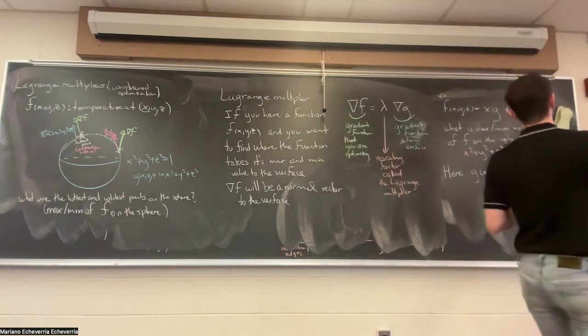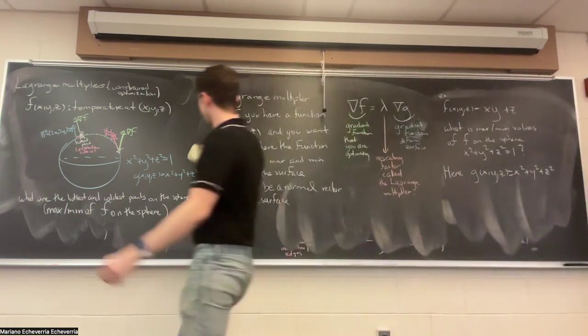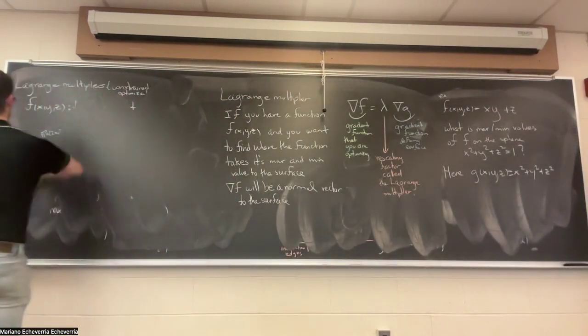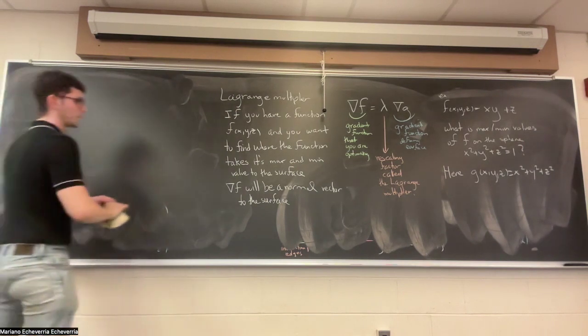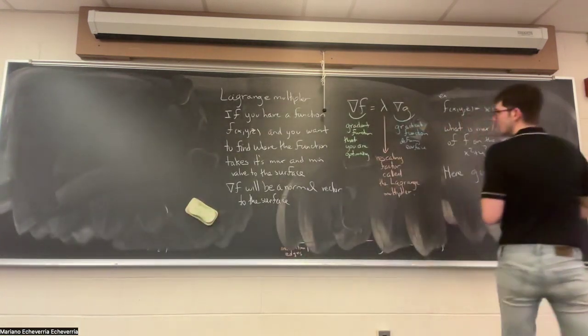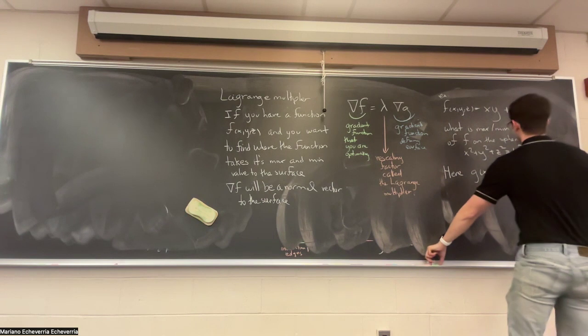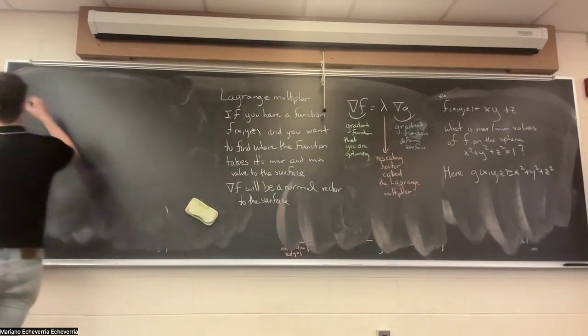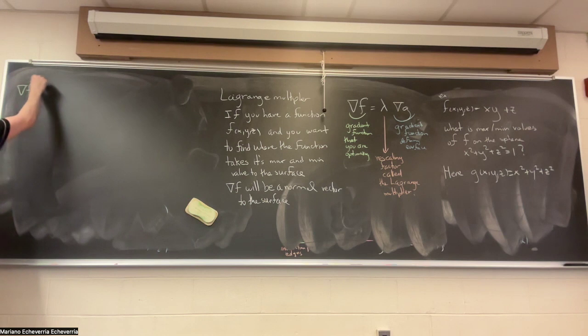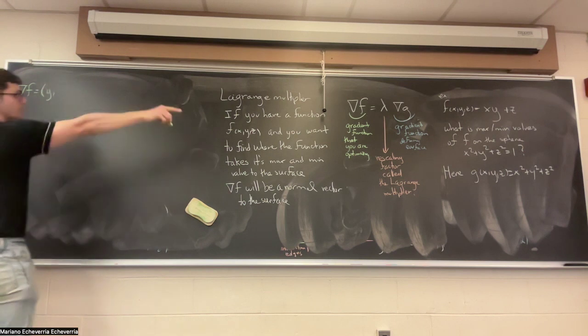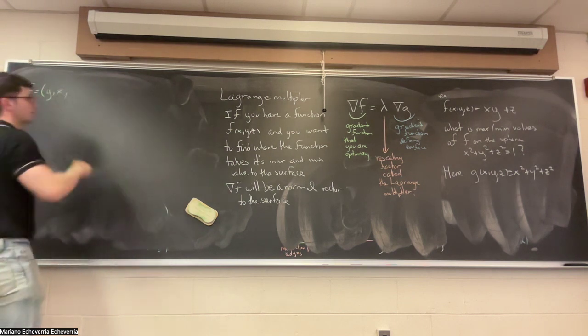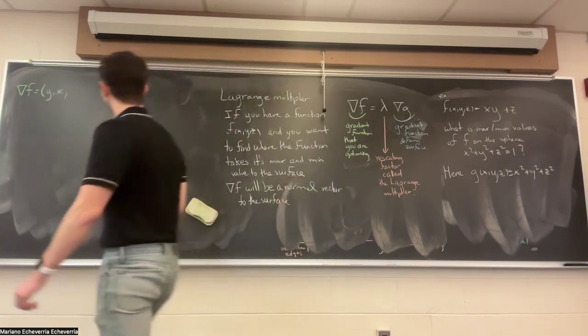What's the gradient of f? Again, the gradient is the derivative with respect to x, derivative with respect to y, derivative with respect to z. The derivative with respect to x is y, with respect to y is x, and with respect to z equals 1.